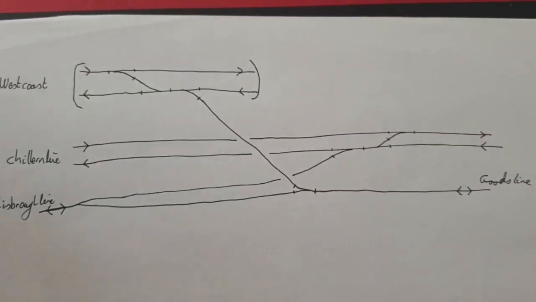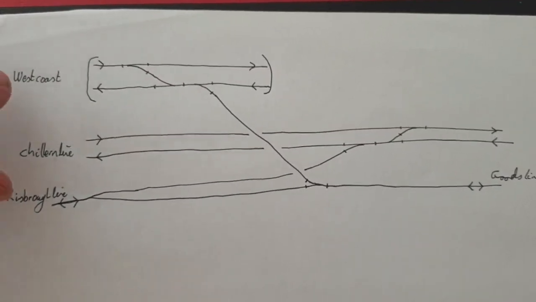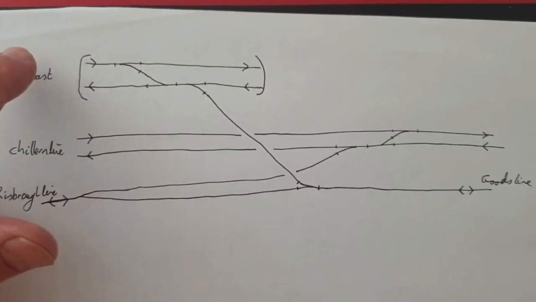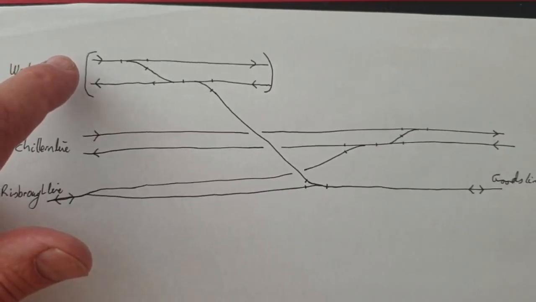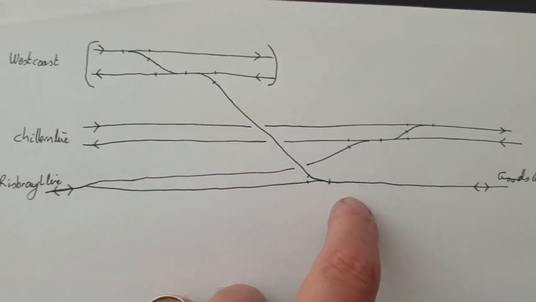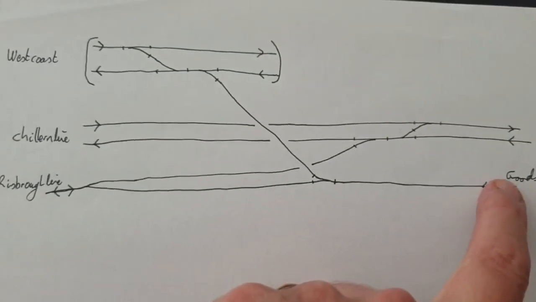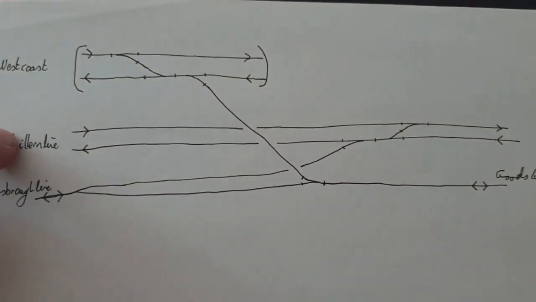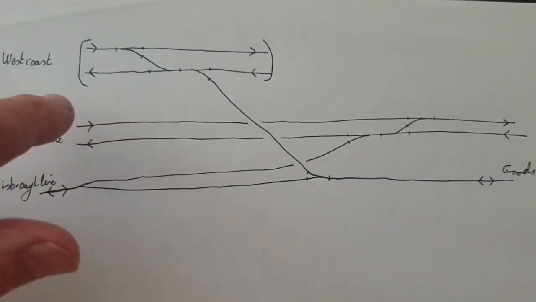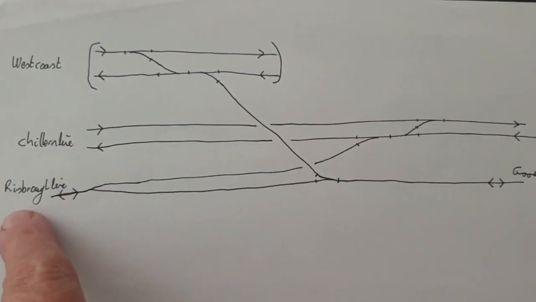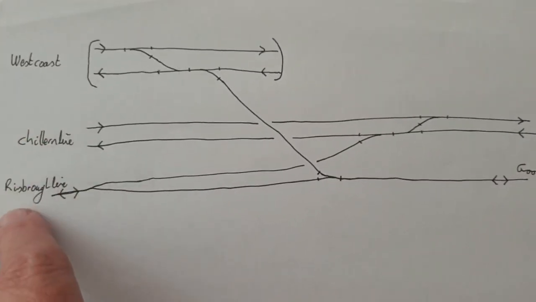So this section of the layout, I've basically got the West Coast line, so I've got an up and a down, and I'm going to be able to have goods traffic cut across. It goes across a viaduct bridge, and it basically goes onto a goods line into London. So this becomes bi-directional, and then I've got my Chiltern up and down line, which is mainly passenger, and again I have the option of a third line that goes into Aylesbury, where the Chiltern line goes into.